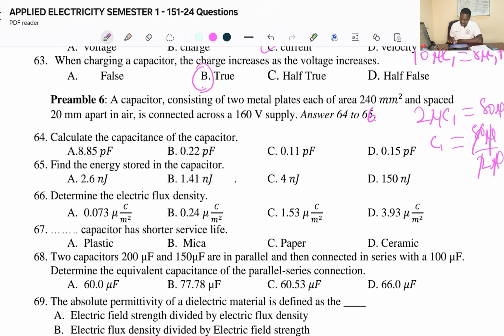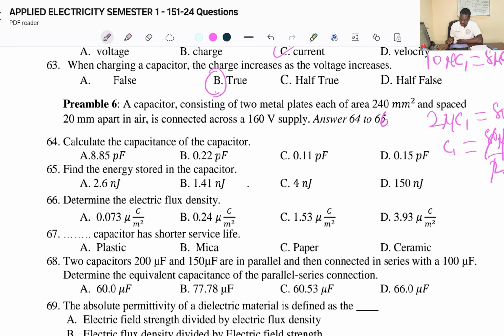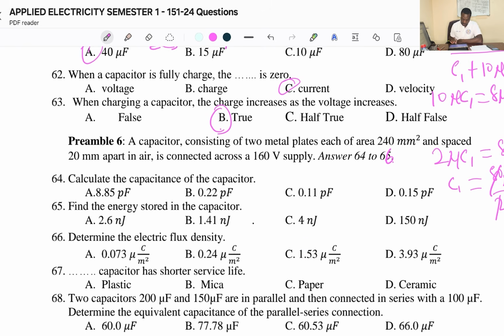Now this, we have to first write the formula, and the formula for this is capacitance. If you can see here, we are dealing with a medium, and the medium that we have here is air. So we use this formula: the capacitance equals the permittivity of free space times area over the distance between the plates, right?